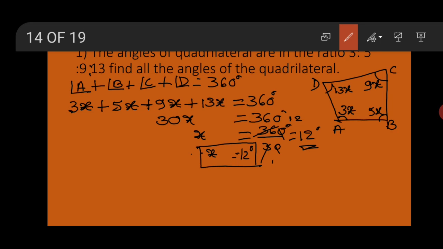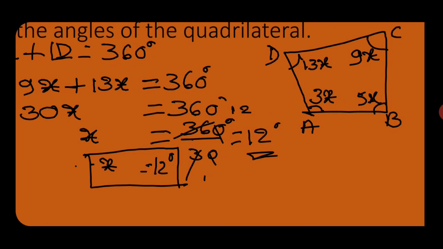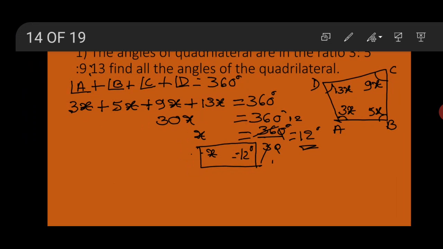Now substitute the value of x in each angle: 3x, 5x, 9x as well as 13x. Then you will get, 3x is equal to what? 5x is equal to, then 9x is equal to, again 13x is equal to. 3x means 3 into x.